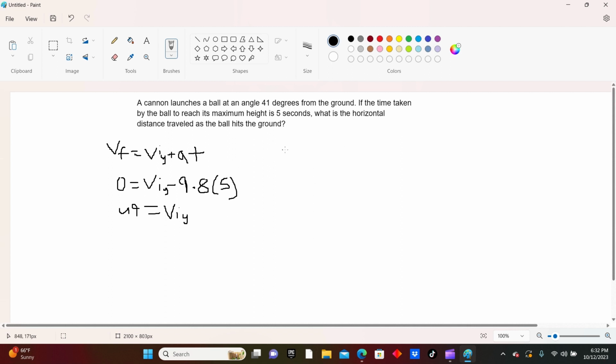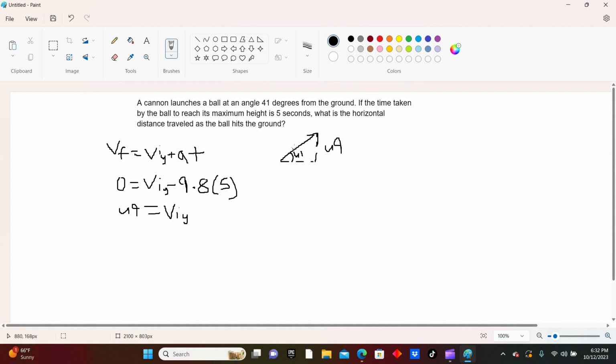So that's our velocity in the Y direction. And if we draw this, we know this angle is 41, and we solved for VIY, which is 49.